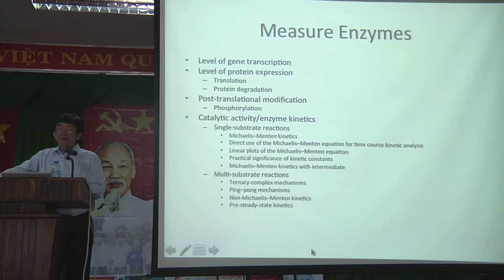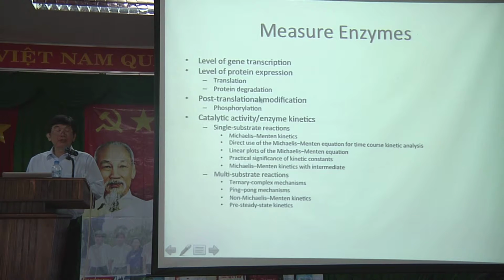If you're focusing on a particular enzyme, you can measure the level of the gene that is being transcribed. You can measure the level of the protein expression, which is a balance between the translation of the protein and the degradation of the protein.